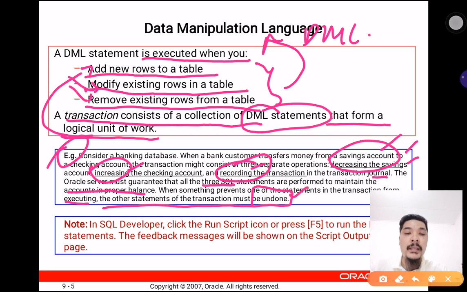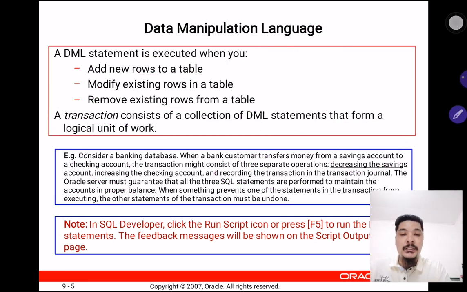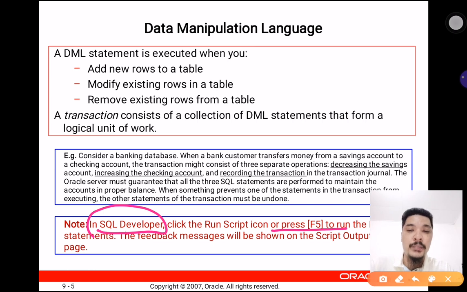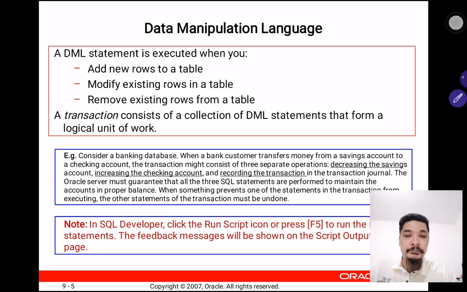We must look back at what happened to the account and to the transactions of the accounts. In SQL Developer, click the Run Script icon and press F5 to run the statement. Let's move to the next one.